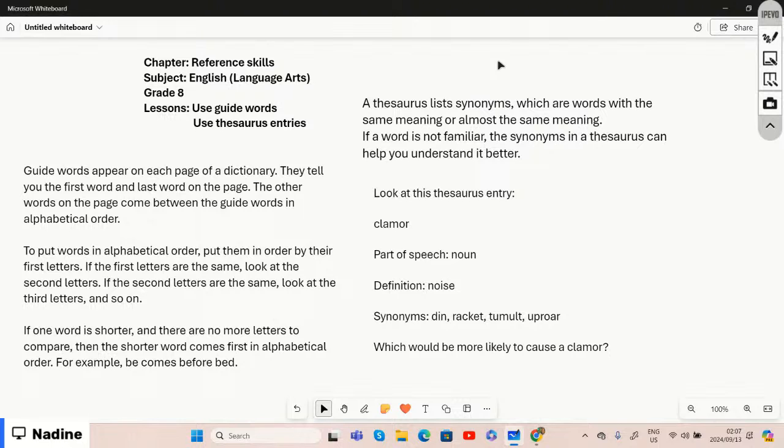So that is going to be our lessons for today under the chapter of reference skills.